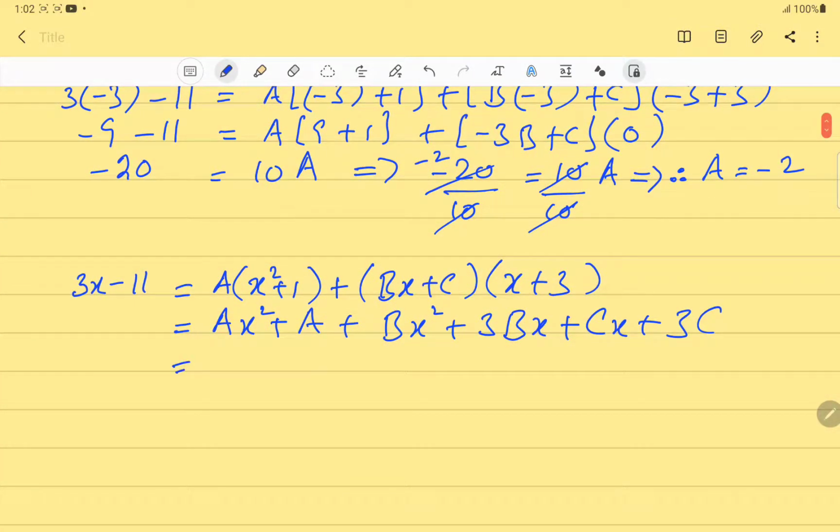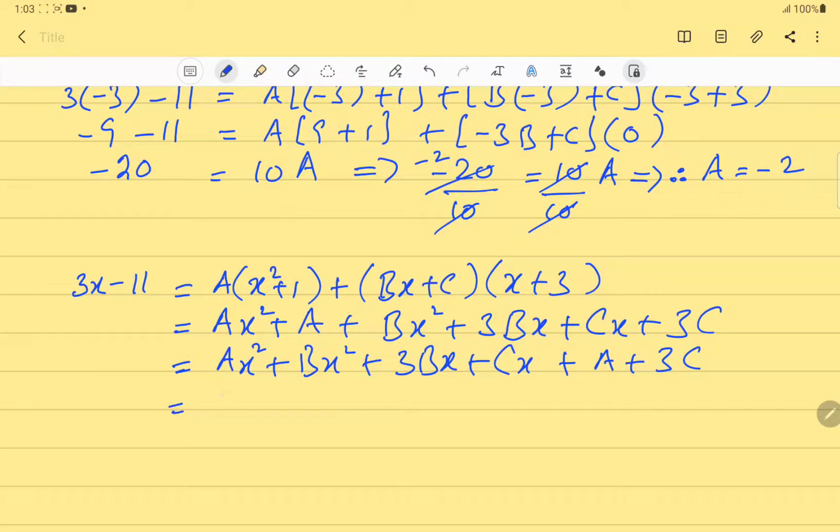Now we will combine values with the same power of x. So ax^2 plus bx^2 plus 3bx plus cx plus a plus 3c.